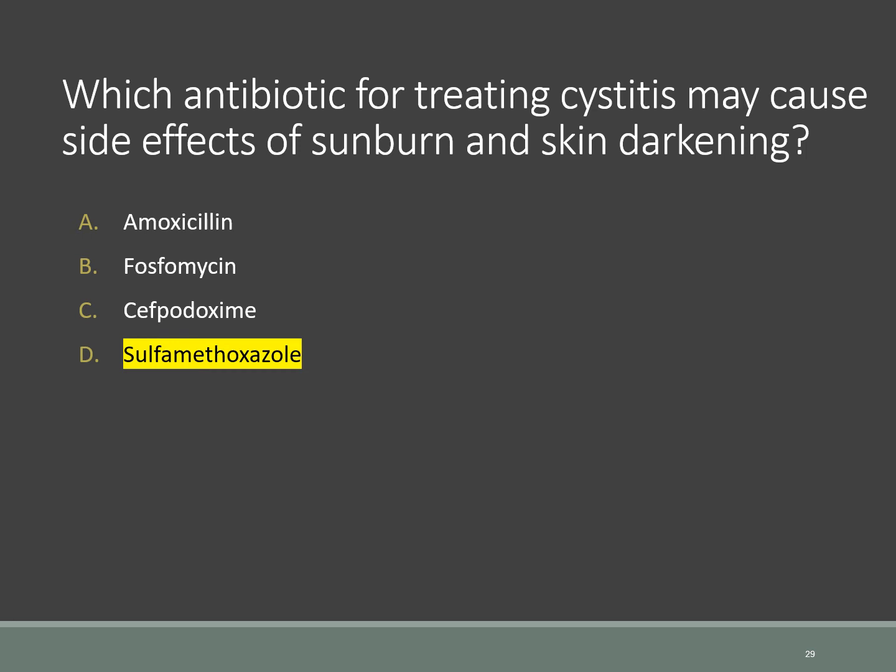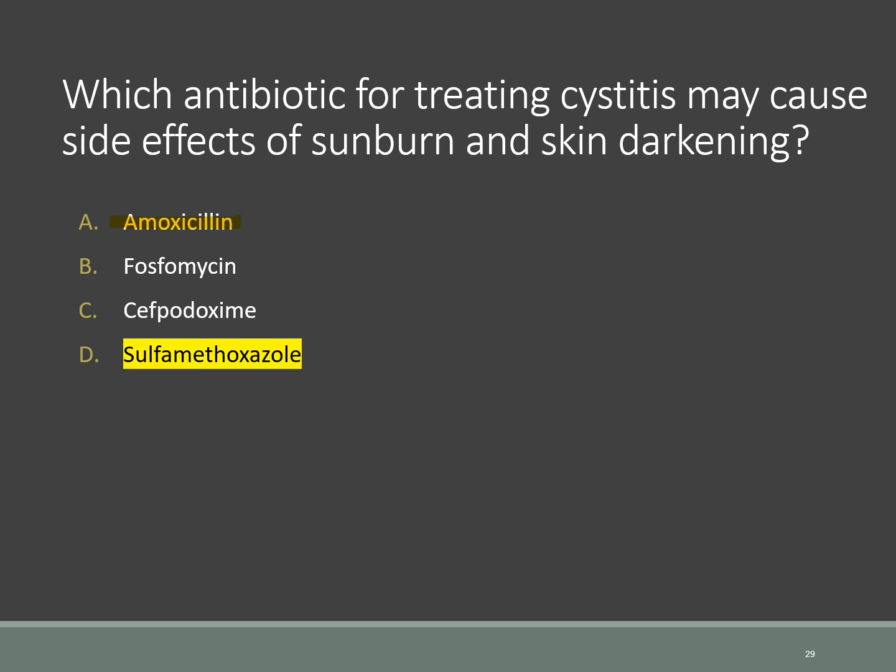Sulfonamides such as sulfamethoxazole are drugs that can cause photosensitivity and increase skin irritation and pigmentation. This means it's going to lead to sunburn upon exposure to the sun. Now, amoxicillin may reduce bacteria in the urinary tract. However, this can lead to diarrhea, not photosensitivity.